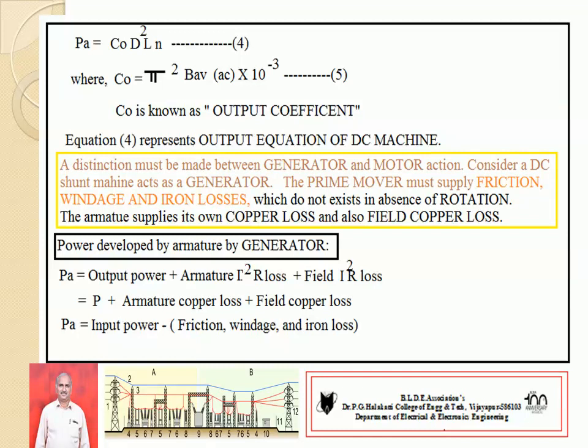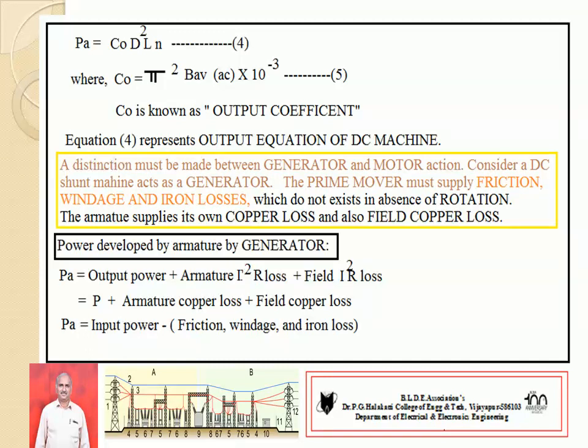Okay. So, another 1 or 2 steps. The DC machine may be a motor or a generator. Hence, we have to make a difference between motor and generator. So, if a DC generator, considering the first case, it is connected to a prime mover.